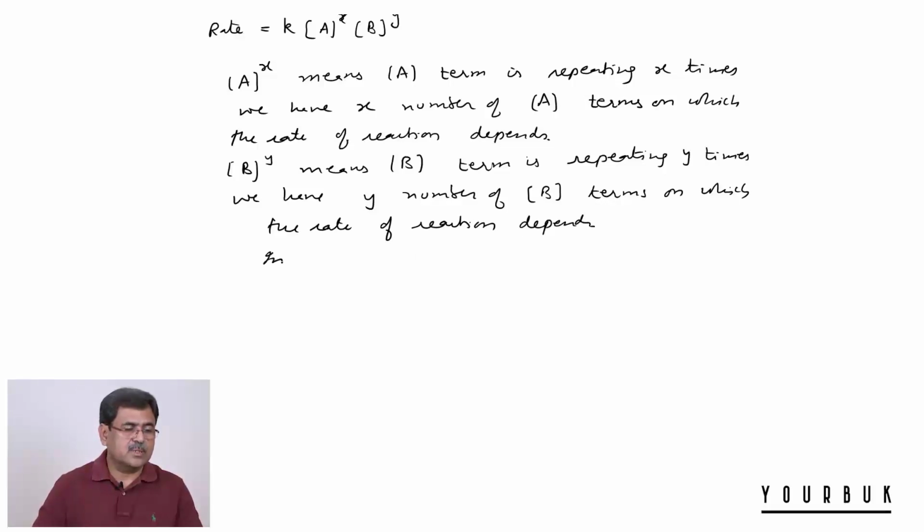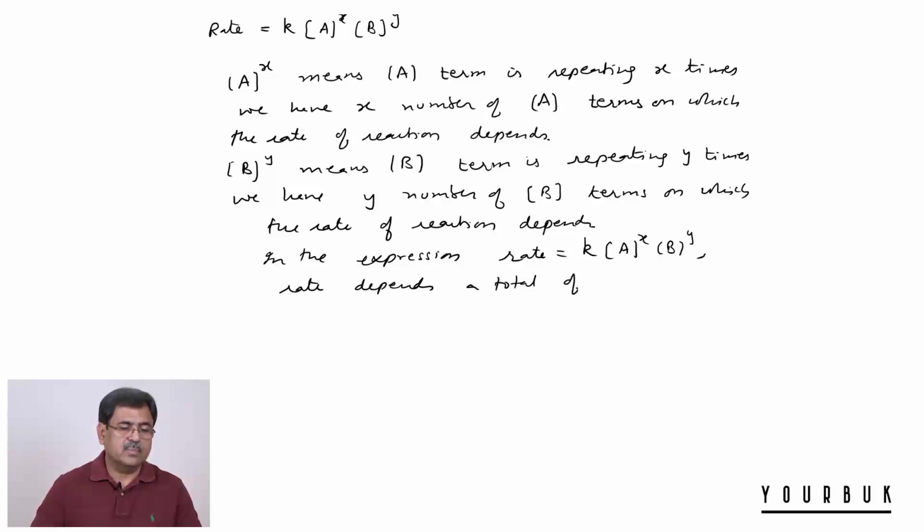It means in the expression rate is equal to k into a raised to power x b raised to power y, the rate depends on a total of x plus y concentration terms.